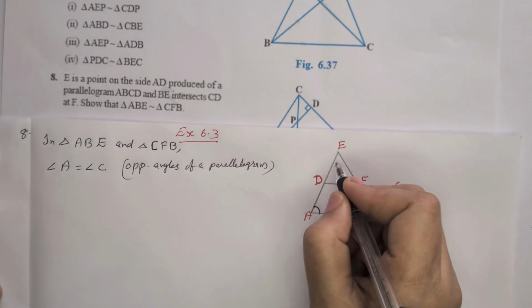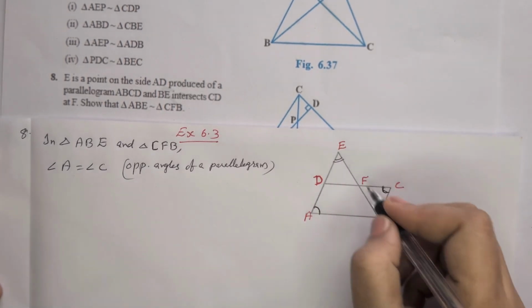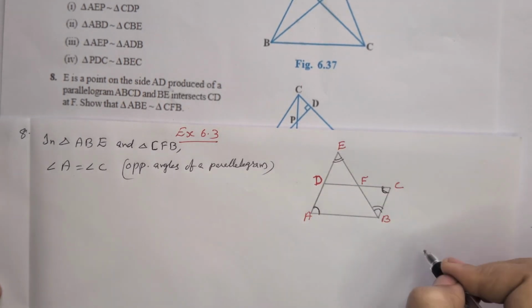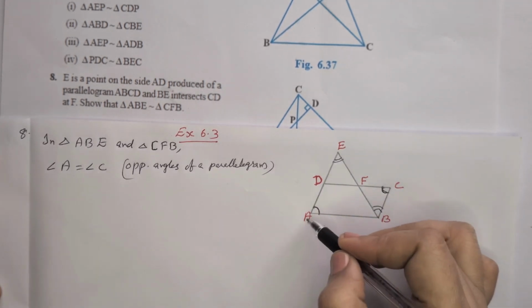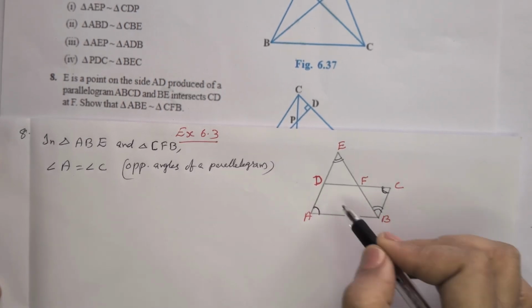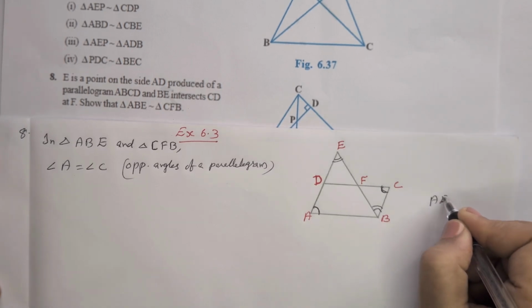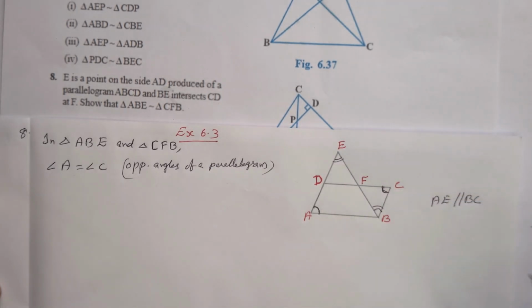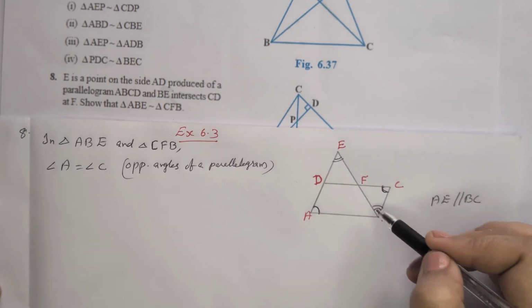Then we can consider these two angles. Angle AEB is equal to this angle. These two lines are parallel and this is the transversal. AE is parallel to BC, it's a parallelogram. Opposite sides are parallel, and here AE is parallel to BC and EB is the transversal. So these two angles are alternate interior angles.